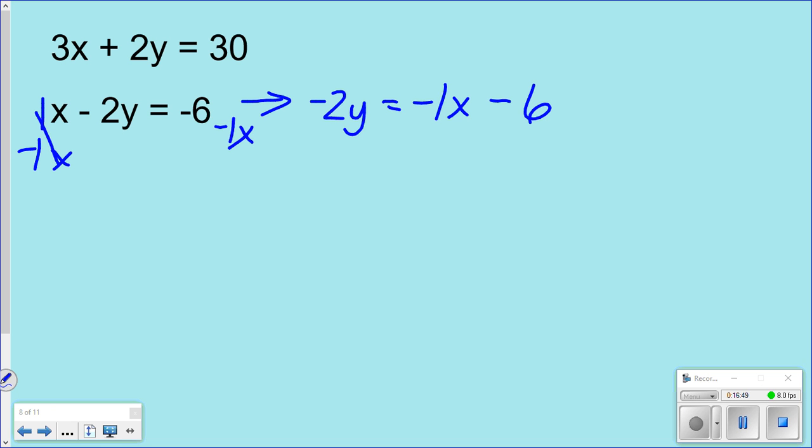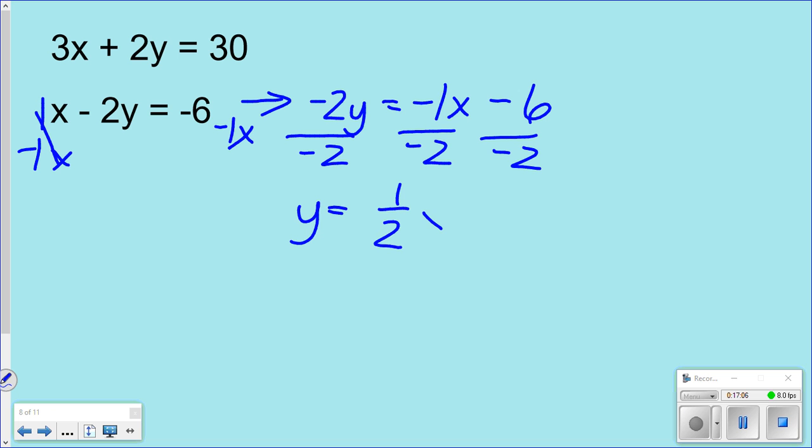Divide by negative 2, correct? Okay, so here's our y equals explicit formula. Y equals, if I'm dividing by 2 negatives, I can just keep it like this, negative positive. And I'm going to keep it in fraction format, because remember slope is always a fraction. And then negative 6 divided by negative 2 is positive 3. Okay, good. That's step 1. Done.